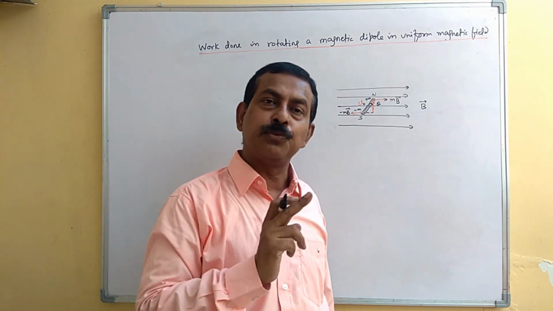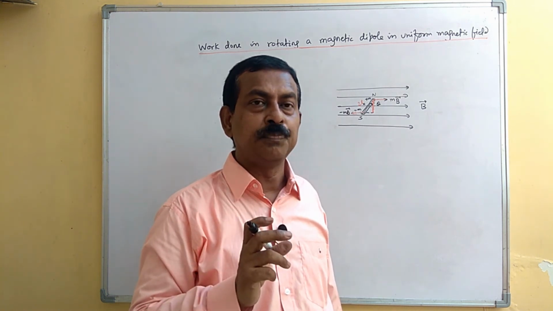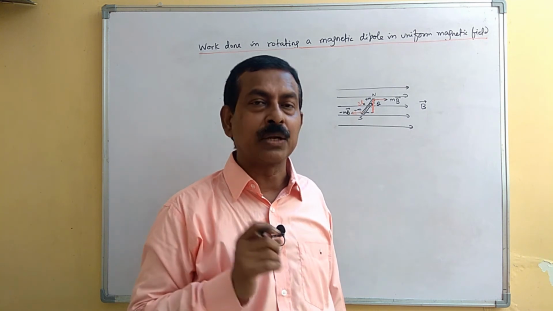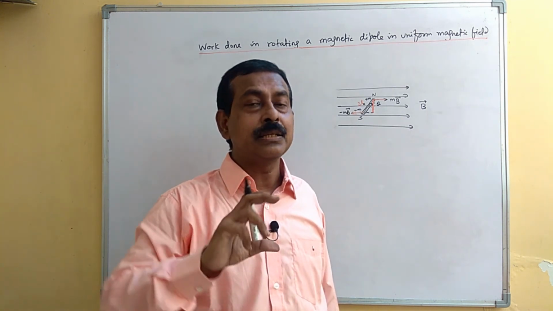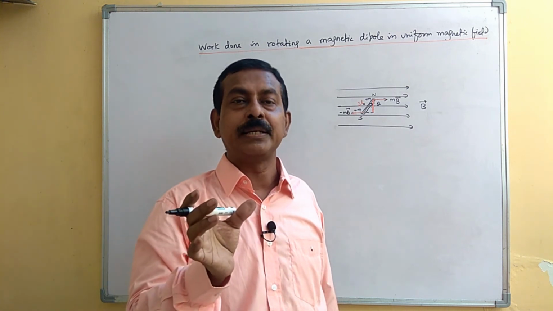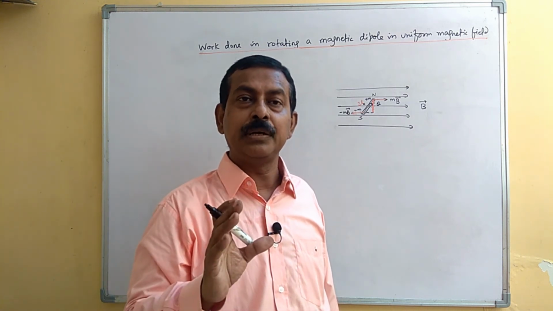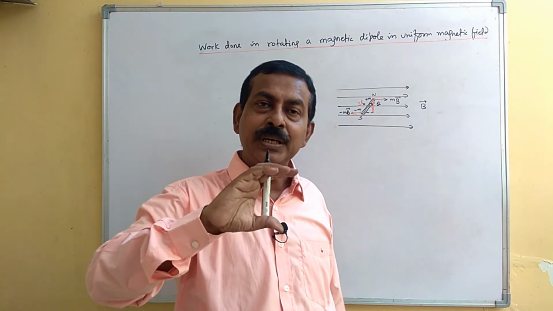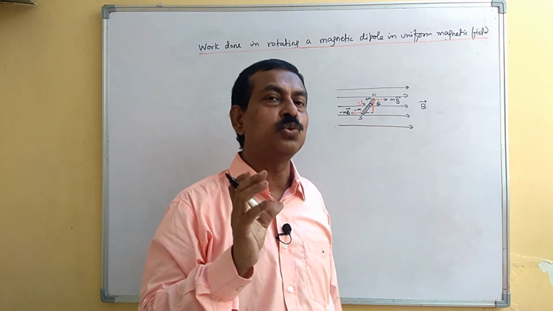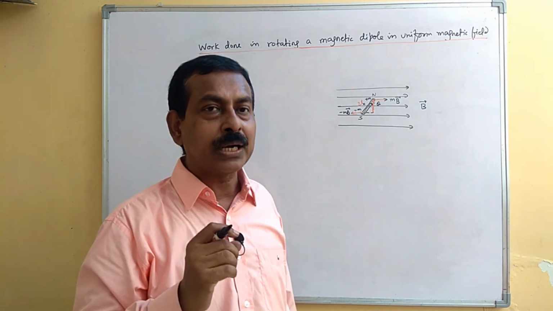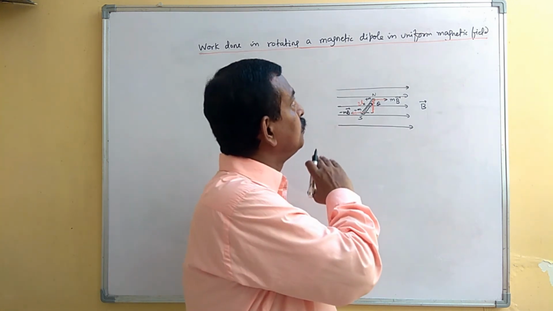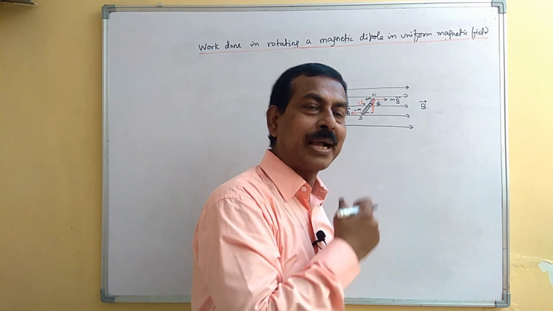There is no net force on the magnetic dipole, so obviously no translational work will be done. But as the torque is acting, definitely it can rotate the magnetic dipole in the magnetic field, and in that case, when it is turning, it will produce work done. So we can find out the expression for the work done in rotating the magnetic dipole in uniform magnetic field.